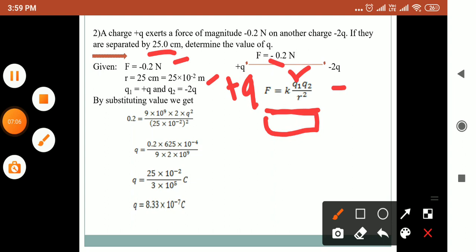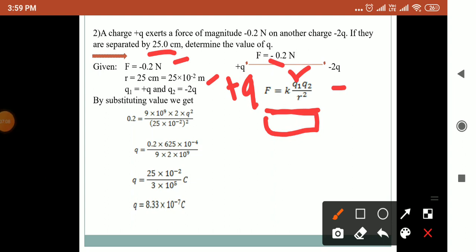Then Q1 is plus Q, Q2 is minus 2Q. So by substituting all these values, we get 0.2 equal to 9 into 10 raised to 9 into 2 into Q square upon 25 into 10 raised to minus 2 bracket square.